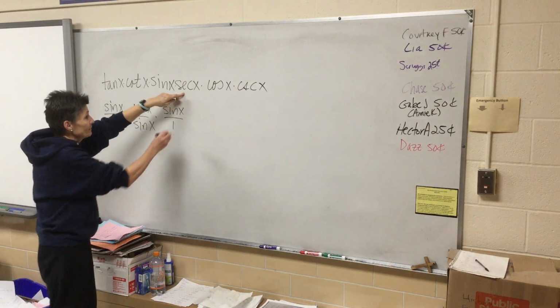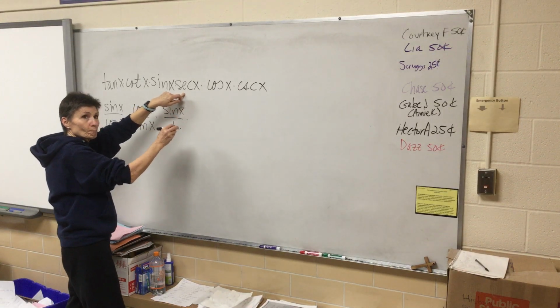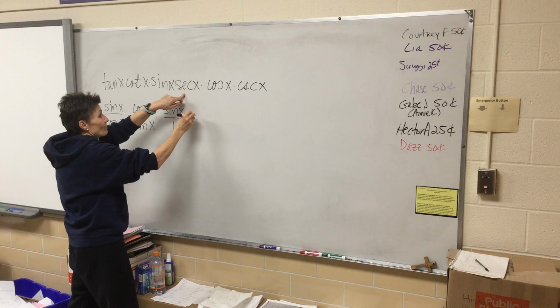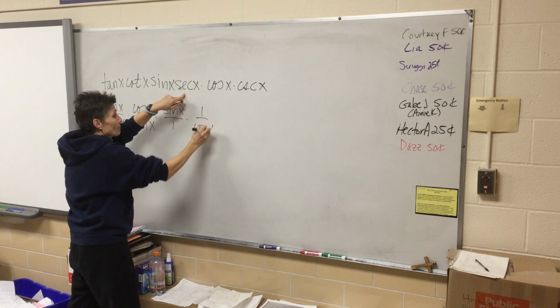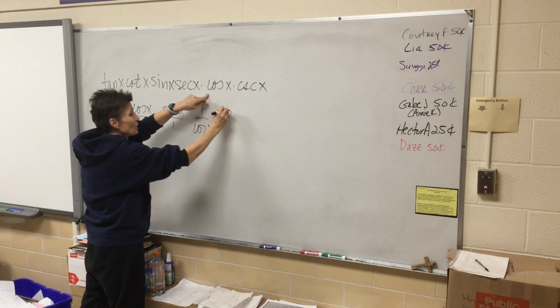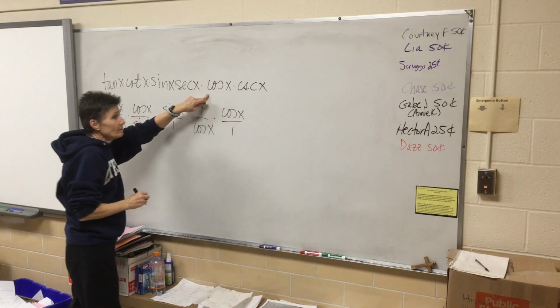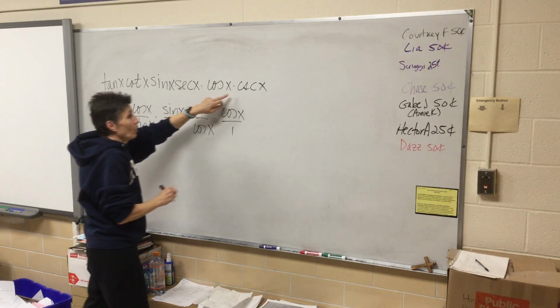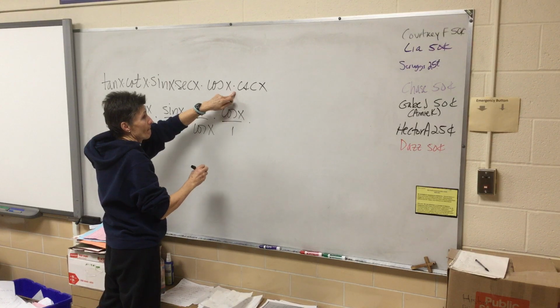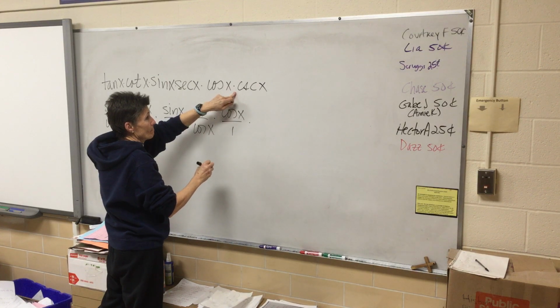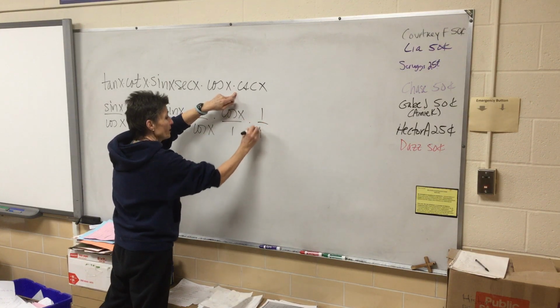All right, what's secant? 1 over cosine. Yep. Now cosine I don't change. That's going to be cosine over 1. What's cosecant? 1 over sine. All right, here we go.